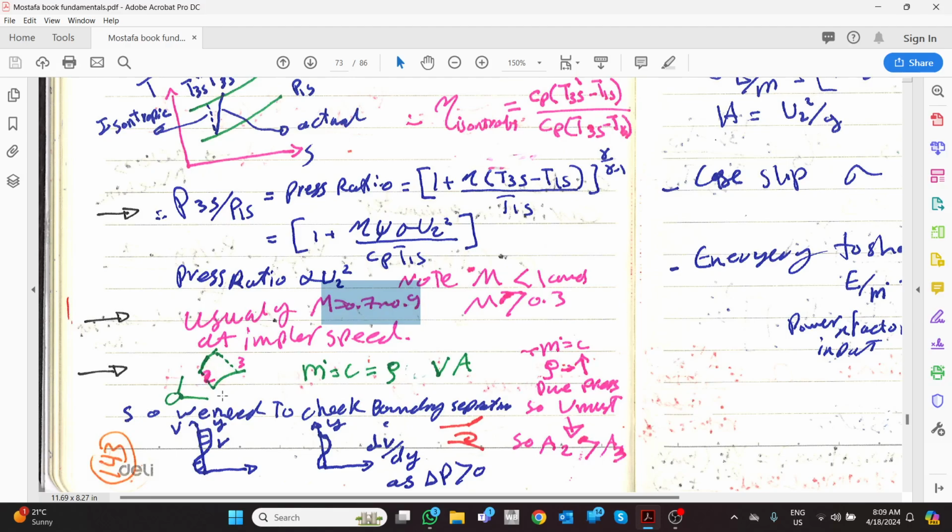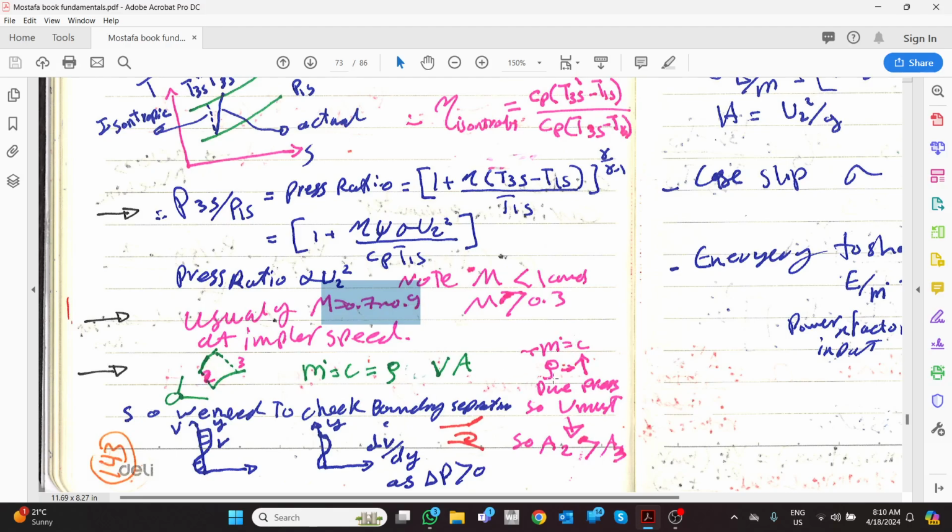Also, you need to understand the diffuser itself. Let's discuss the diffuser. This is the first area, this is the second area, this is point 1, this is point 2, this is point 3. If you state that the mass flow rate is constant, which is a fact, it is equal to rho v area, which is v dot, by the way, the volume flow rate.